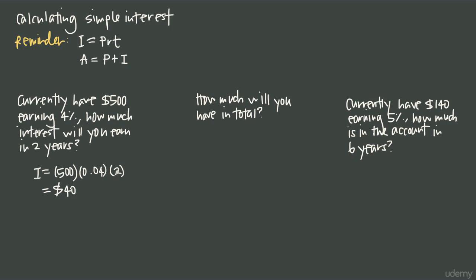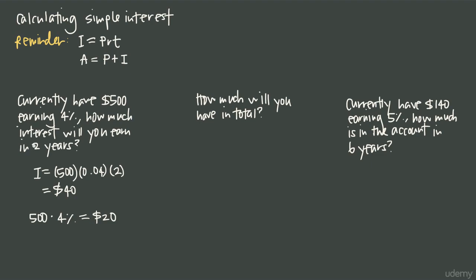So we can always plug into the formula, but we can also think of this in a more logical, deliberate way. We can say we have $500 that we're starting with. We're getting 4% a year. So we could just figure out, for example, how much interest we're going to get in 1 year. Well, 4% times 500, which is what we would do, would give us $20. So we could say 500 times 4%, and that's going to give us 20, so we get $20. $20 is the interest we earn each year, and because it's simple interest and it doesn't compound on itself, we just then multiply by however many years we're interested in.